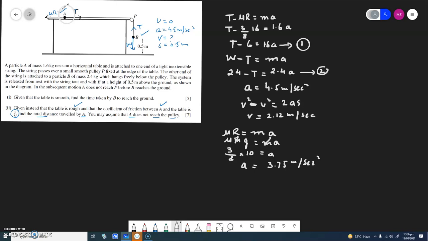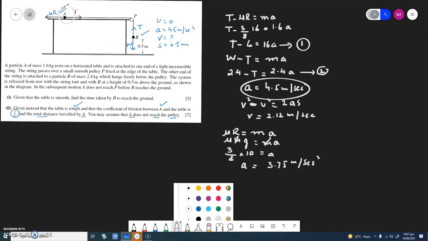Now as you can see, the prior acceleration of the particle A was 4.5. So when there is only one force, and the tension force is now finished because there is no tension in the string, the acceleration of the particle A is reduced from 4.5 to 3.75 meters per second square.